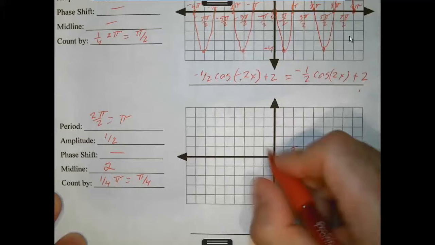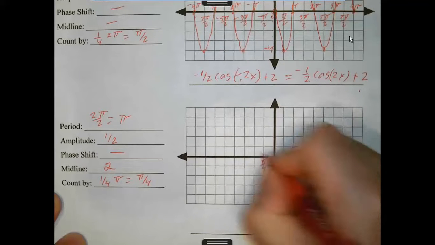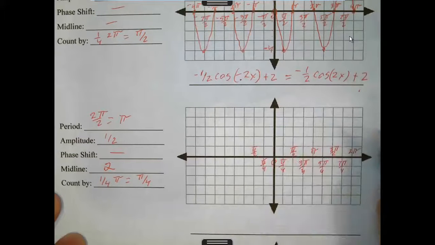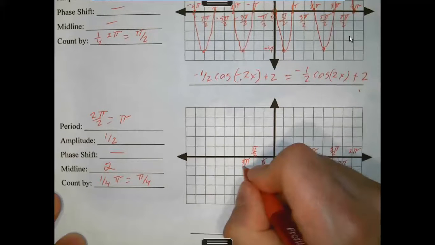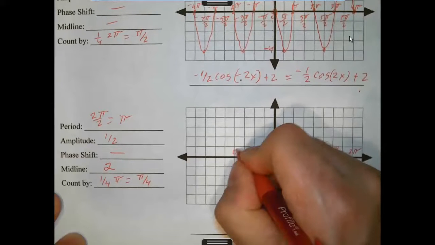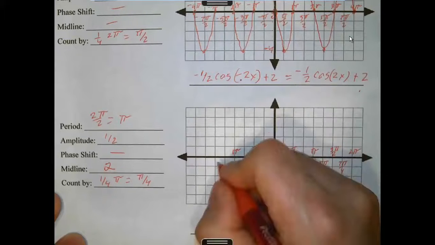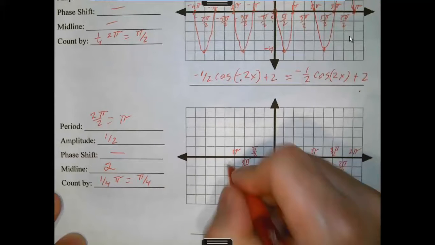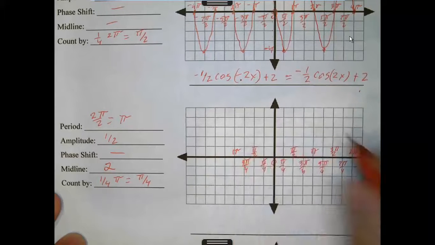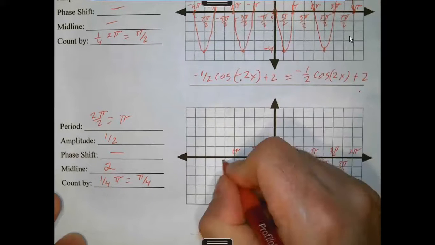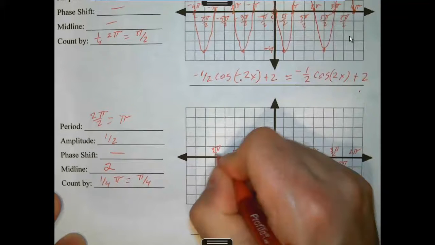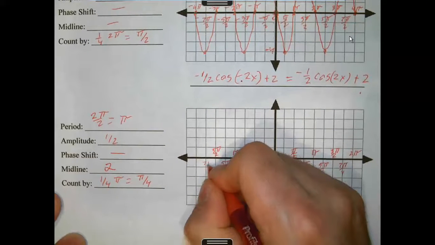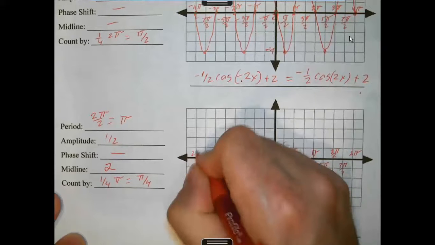Same on this side: pi over 4, pi over 2, 3 pi over 4, pi, 5 pi over 4, 3 pi over 2, 7 pi over 4, 2 pi. Make them all negative.